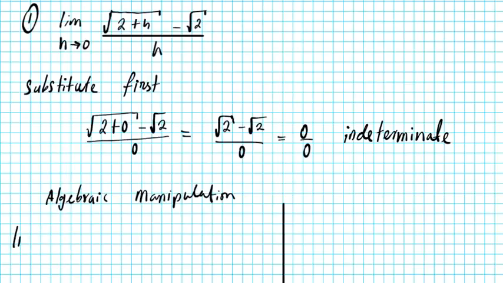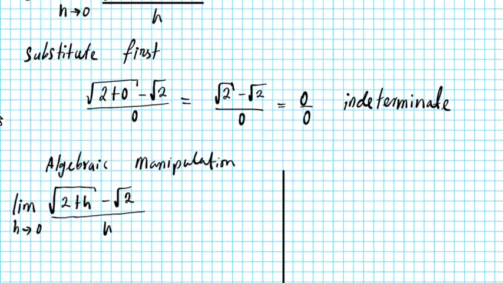The original problem was the limit as h approaches 0 of the square root of 2 plus h minus the square root of 2, divided by h. Different tools you can use are factorization, expansion, rationalization, and identities. Whatever form alters the algebraic expression into another form, that is what you're going to use.